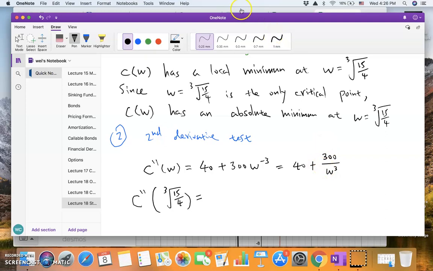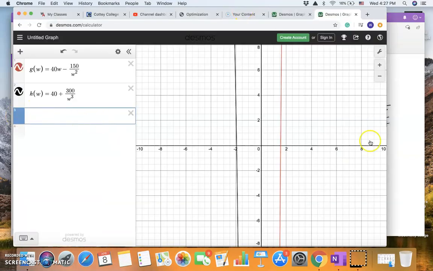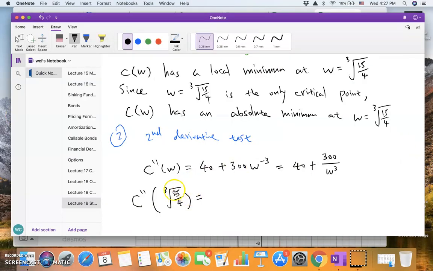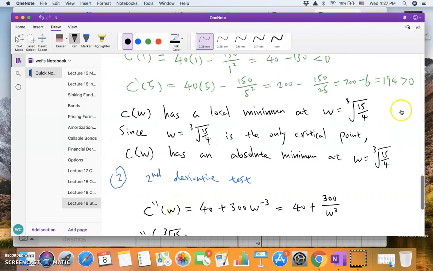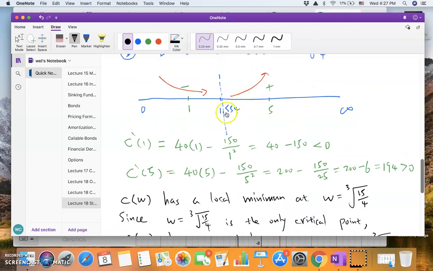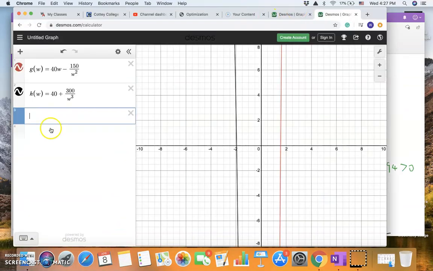That's our second derivative. And since the critical point is the cube root of 15 over 4, around 1.554, we evaluate this function at 1.554. Now we can see the result is positive.